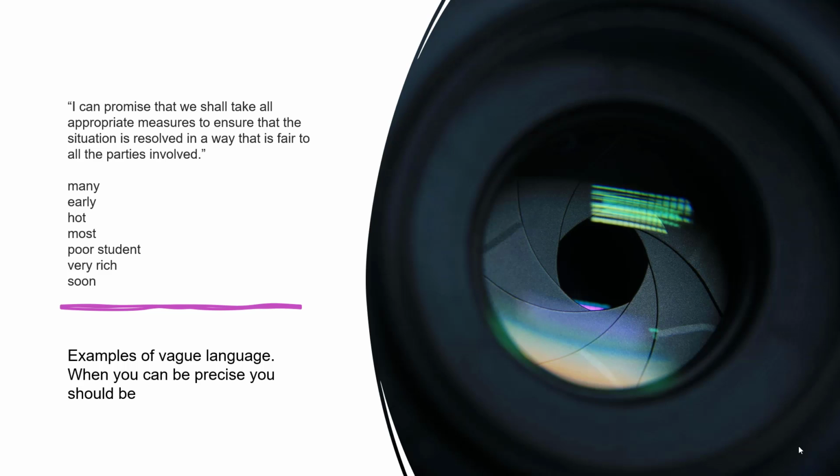So instead of many, say 1,000 or 500 to 1,000 or between 2 and 3 million people, depending on what many refers to. Early, be specific. When is early? I think 5 a.m. is early. Hot, instead of saying hot, say 100 degrees Fahrenheit. And then most. What is most? Like most people voted in the last election.